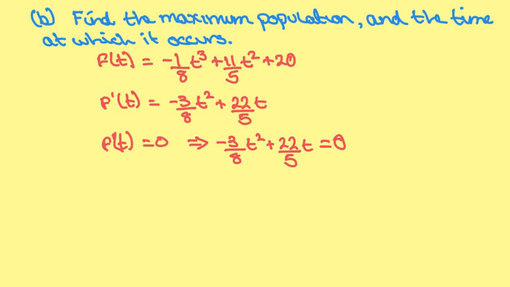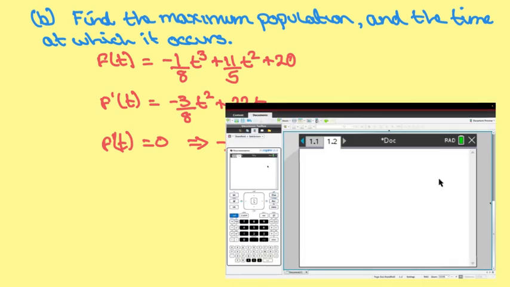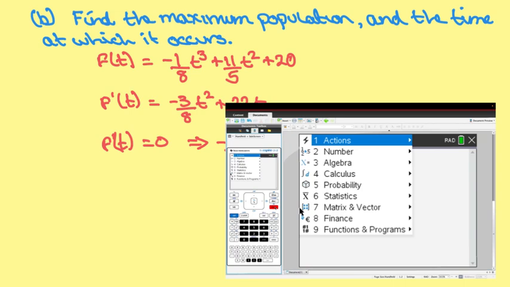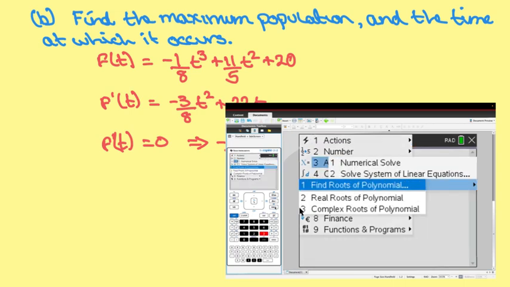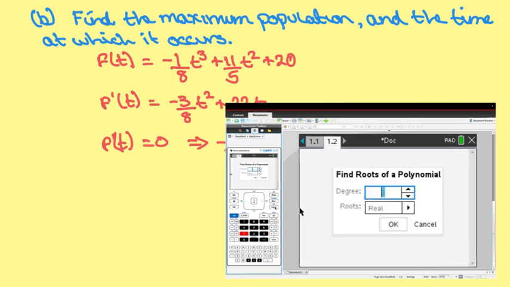We have a quadratic which can be solved using the TI Inspire. If I open the TI Inspire at a calculator page, I'm going to use the polynomial solver to solve my quadratic. So I go to Menu, 3, 3. I want to find the real roots, so 1.